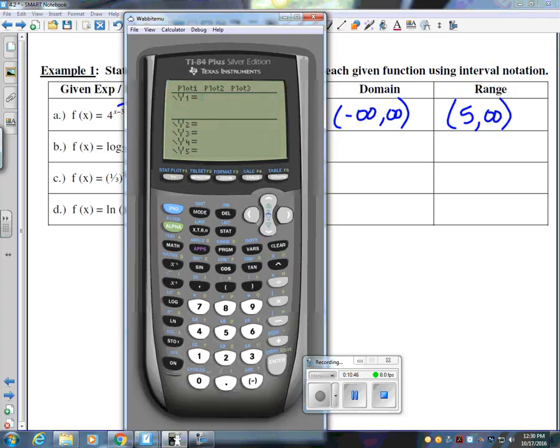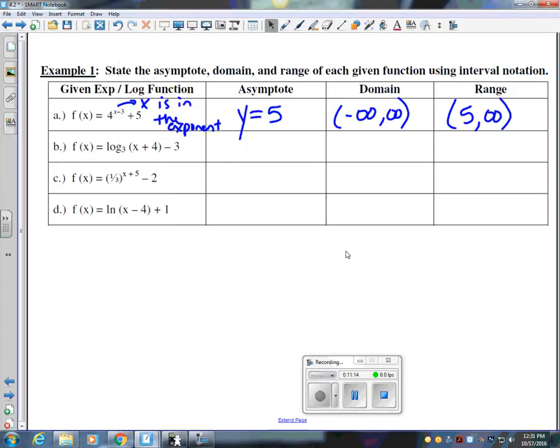For this one, you'd have to hit the math button and scroll down to A. And so you're going to type in log base 3 of x plus 4 minus 3. Hit graph. So as you can see, the domain from left to right is -4 to infinity.